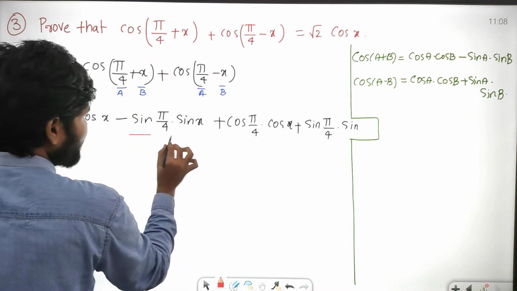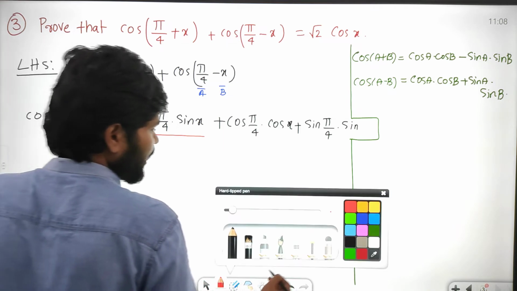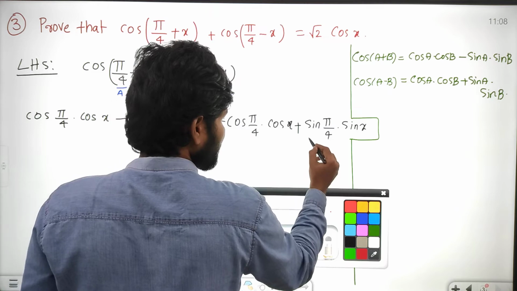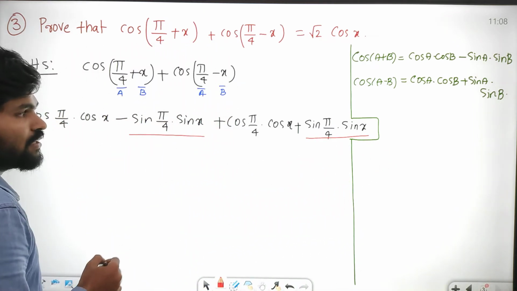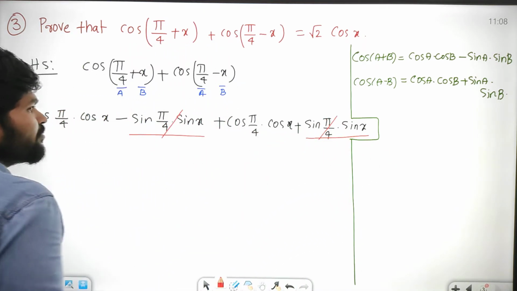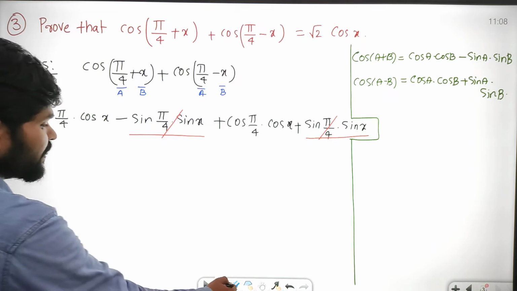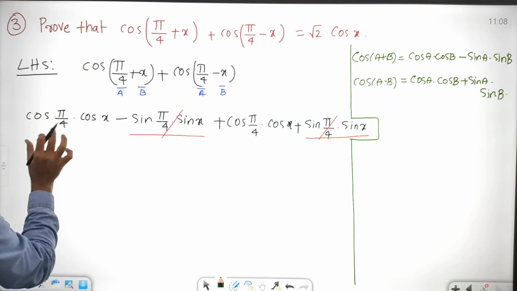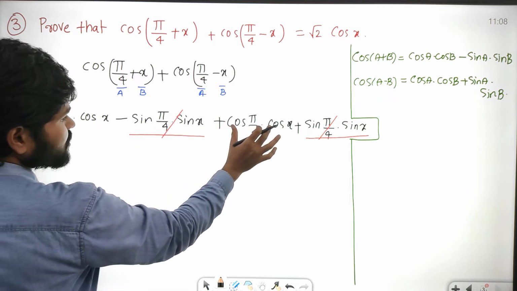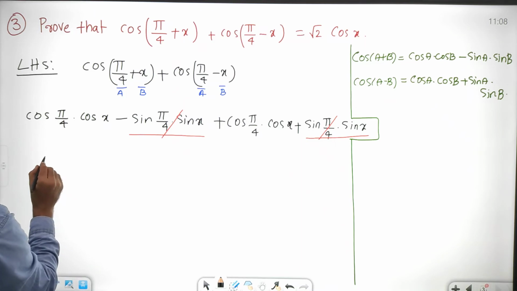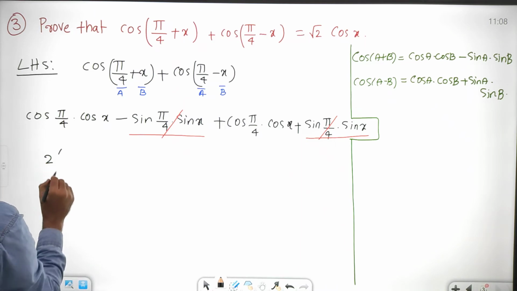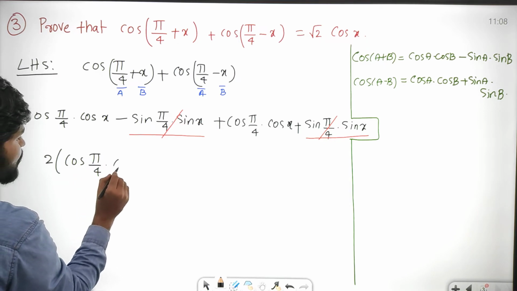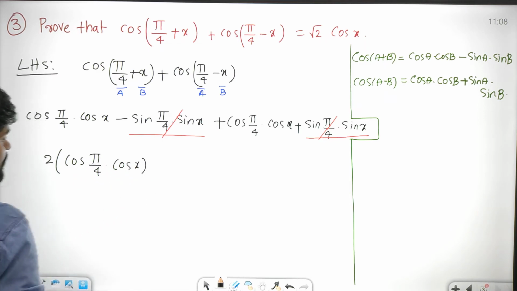If you observe carefully, this is sin pi/4 sin x, and this is also sin pi/4 sin x. This is a plus but this is a minus, so they cancel each other. Next, we got cos pi/4 cos x and cos pi/4 cos x, so 2 into cos pi/4 into cos x.